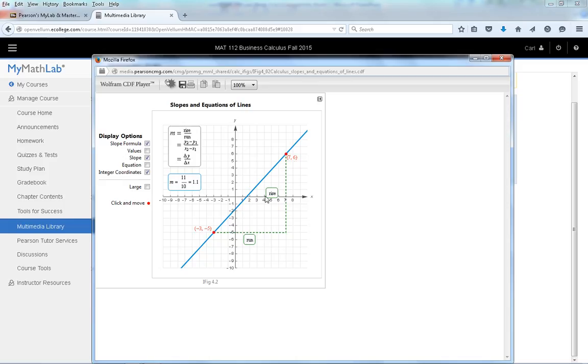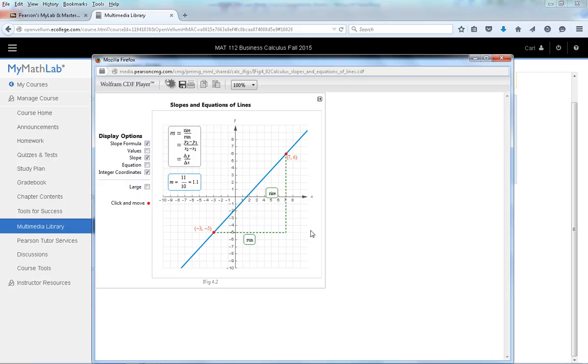So 6 minus -5, that's like 6 plus 5, so that would be 11 for your numerator. And for the x coordinates, 7 minus -3 would be like 7 plus 3, which is 10. And 11 divided by 10 is 1.1 in this case.